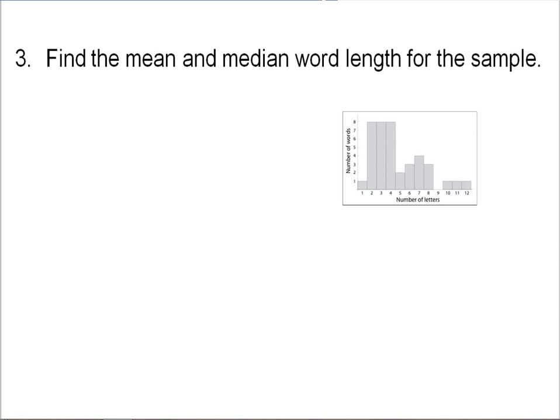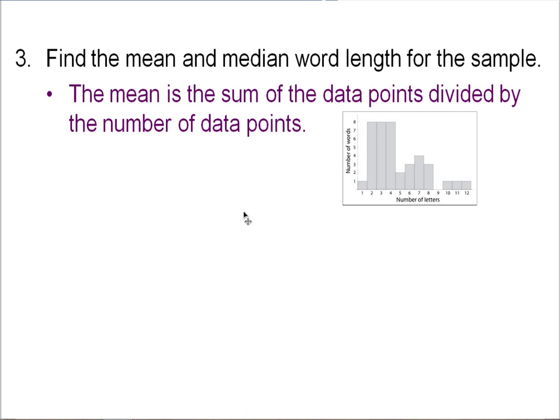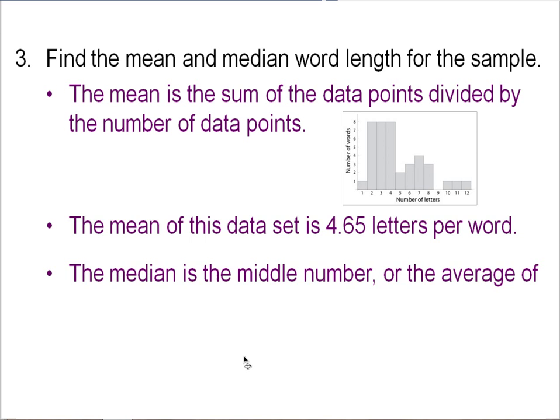Let's say we want to find the mean and median word length for the sample. I can go back to the chart, I can enter all those values into my calculator, or I can just add them up and divide by 40, right? All of that works, but we're going to find the mean and the median. The mean is, remember, the sum divided by the number of data points.